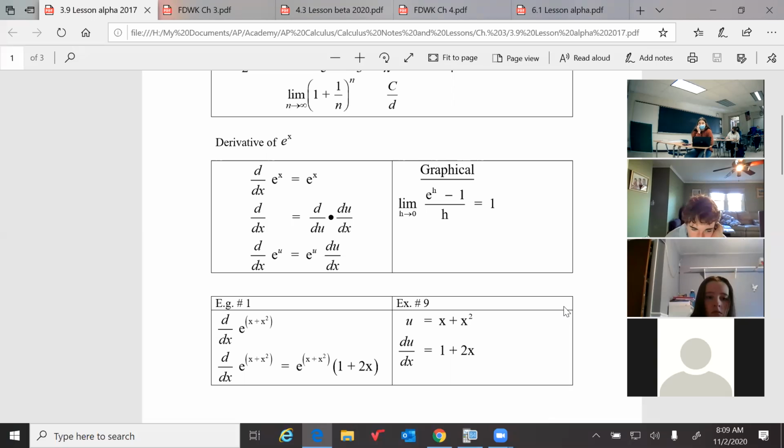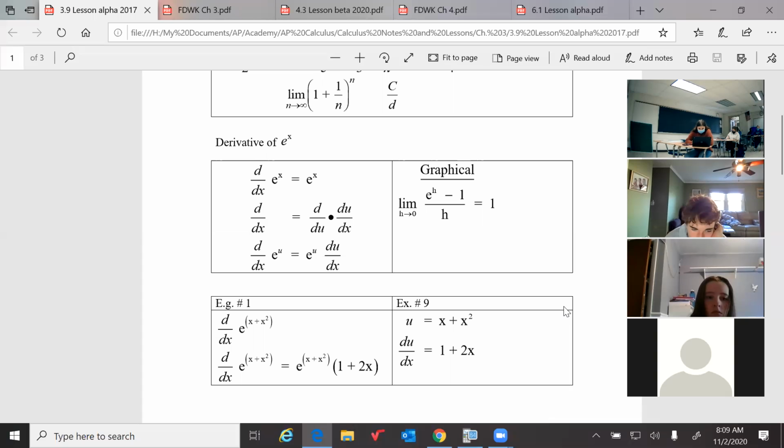So we're looking at example 1. Example 1 says we want to differentiate e to the x plus x squared. So this exponent is your u. You differentiate it with respect to x. You just use the power rule. You would get 1 plus 2x.